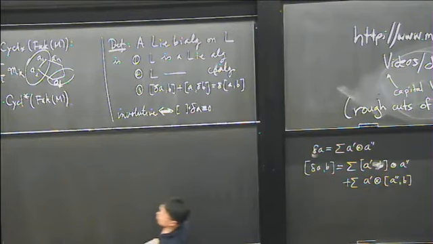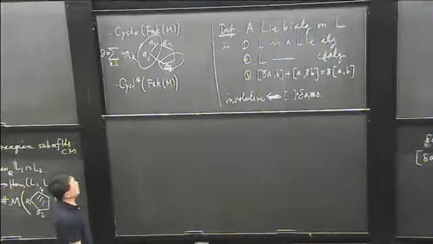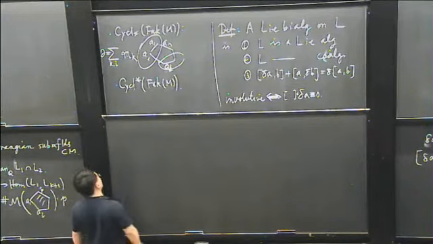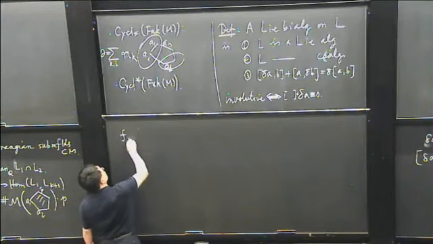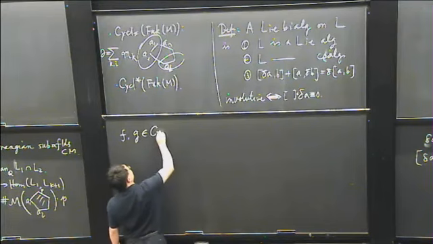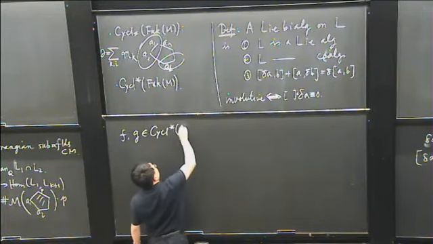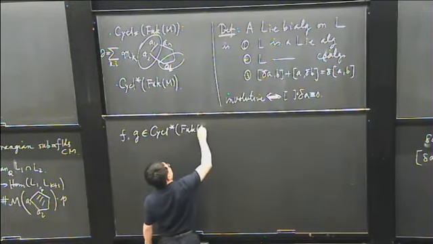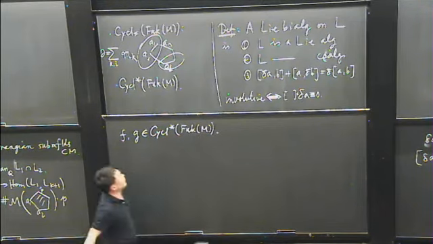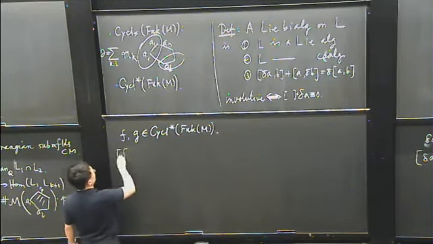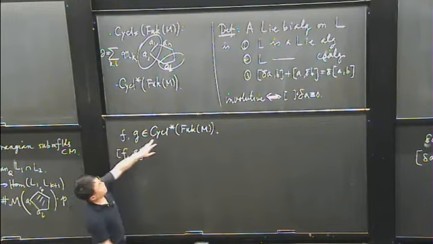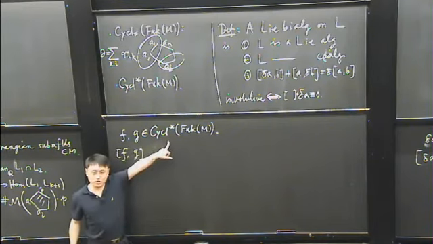Well, now what is the Lie algebra structure on the cyclic Cochin complex? Actually, it's given by the following. Suppose I have F and G, which lie in the cyclic Cochin complex of M. Then the bracket of F and G is also an element in this cyclic Cochin complex.